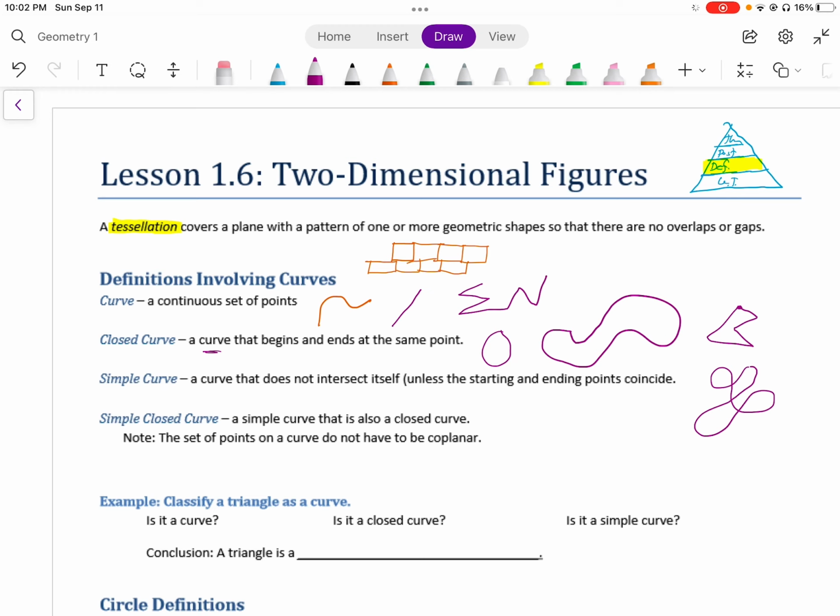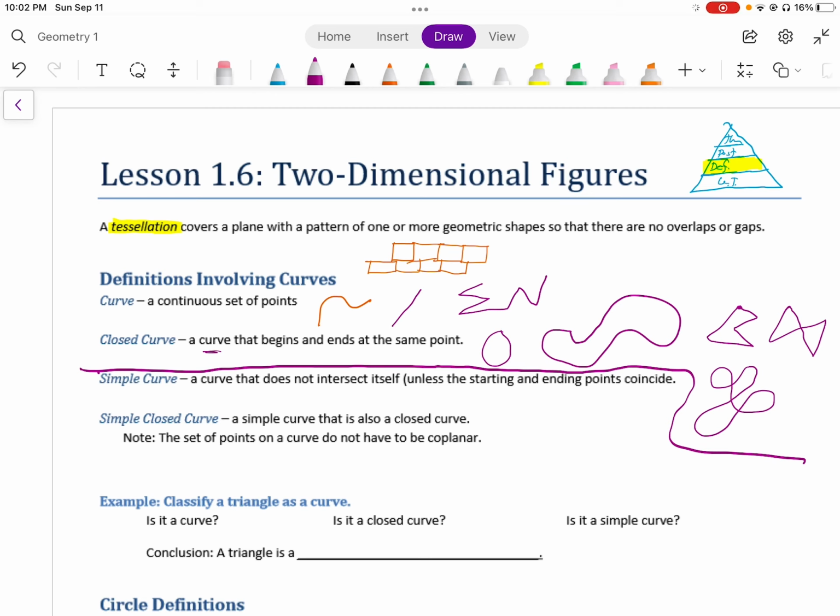Gotta be careful here because I don't want you to think that's a simple closed curve. If we did a bow tie looking thing, that's a closed curve.